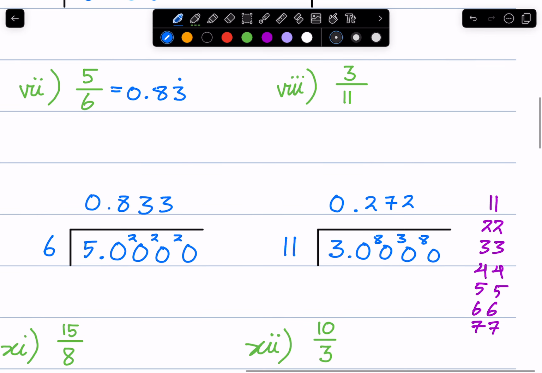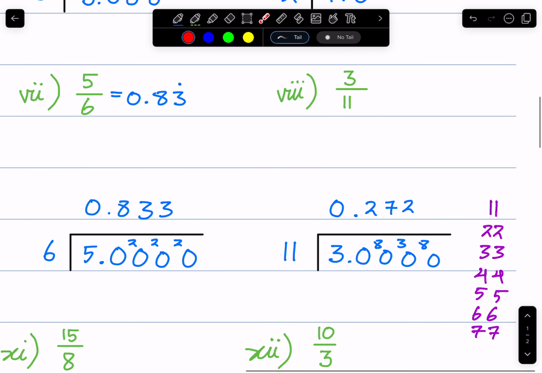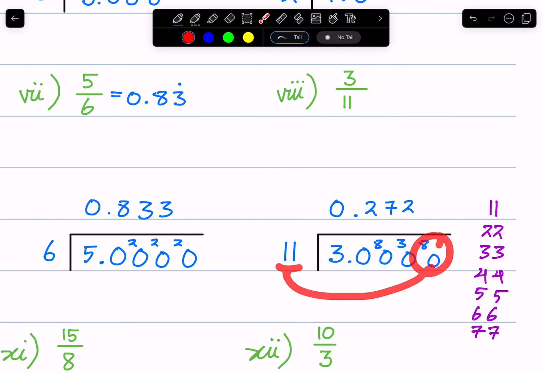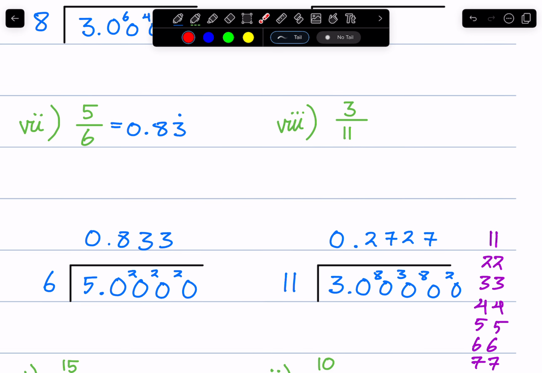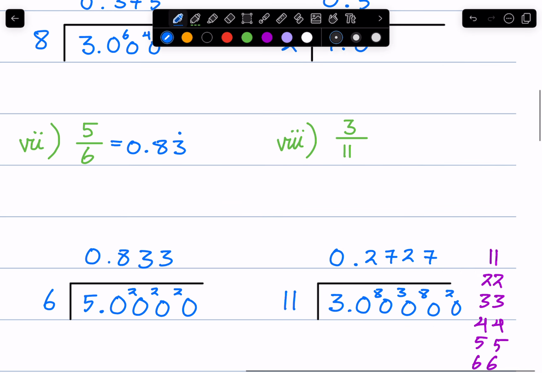And now notice how the repetition is now starting. 11 into 80, the closest one is 7 with a remainder of 3, and notice how that pattern of division will repeat forever. So since the 2 and the 7 are repeating, watch carefully how we write this as a recurring decimal.